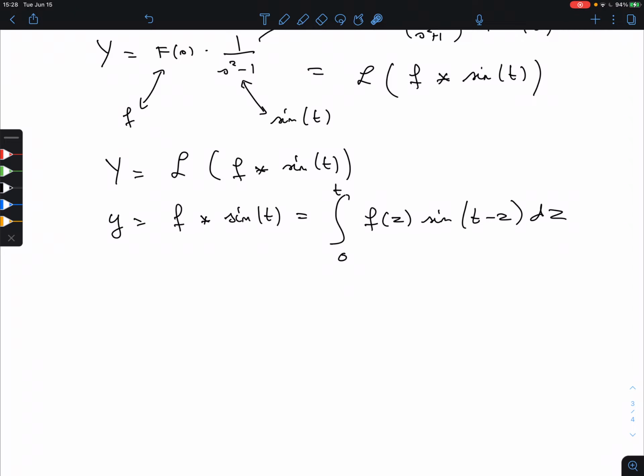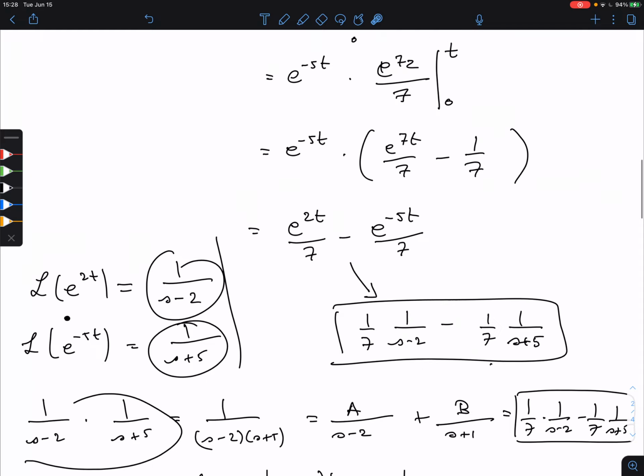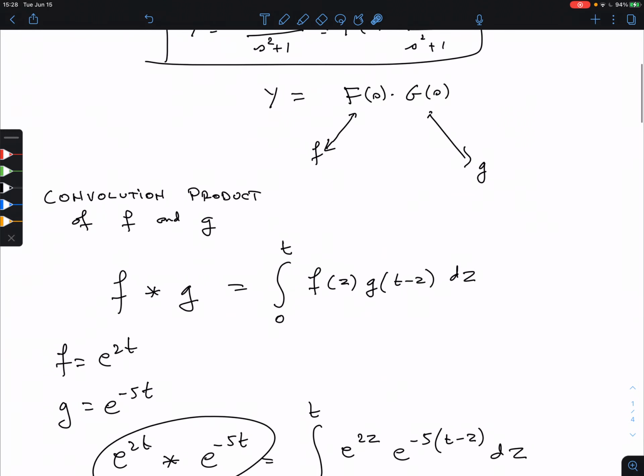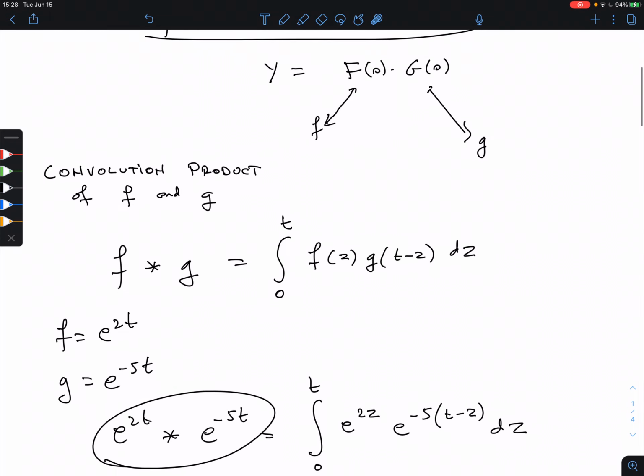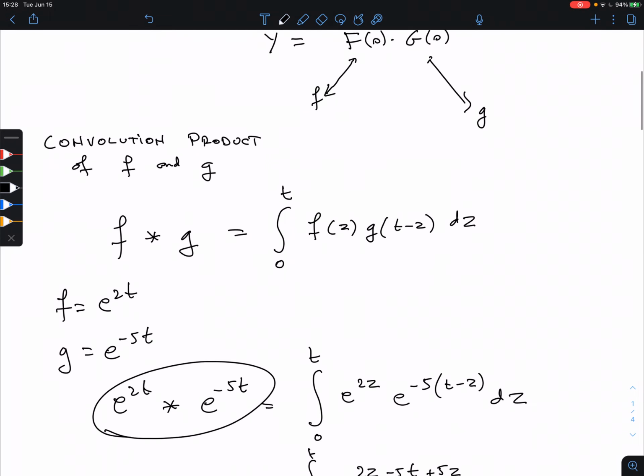Now what I want to do, a couple of things. First of all, it is a product, right? And you would kind of expect that it doesn't matter in which order you do this. F(s) times g(s) is the same as g(s) times f(s). And true, it is true that f star g is equal to g star f.